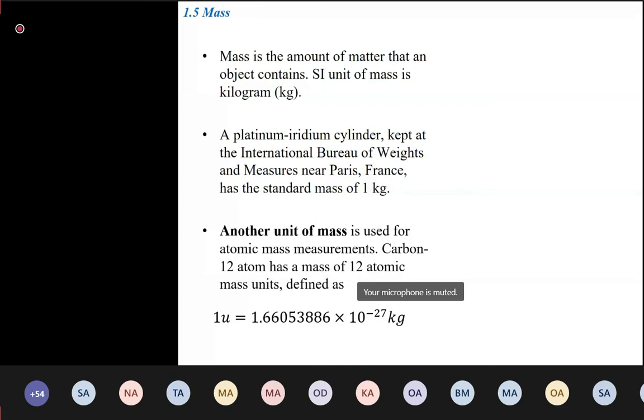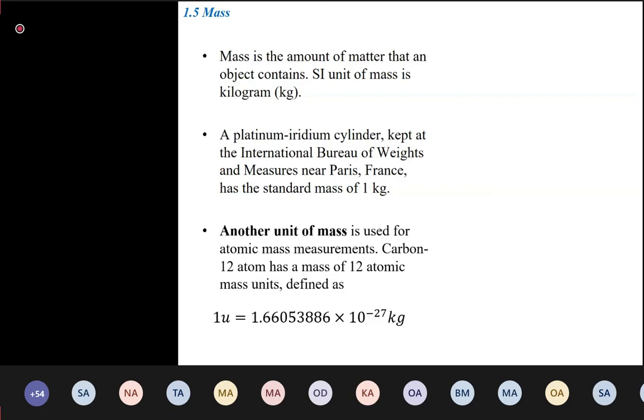Another unit, used sometimes for more scientific reasons, which we were discussing with the atom, is called the atomic mass unit, and it is standardized with carbon 12. You know that all atoms have isotopes, which I'm sure will be taught to you in chemistry.